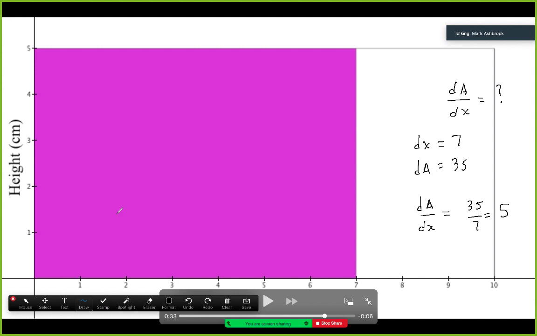So the constant rate of change is 5. And then we said, hey, look, that's the height of the function. We said the rate of change of area is just the height of the function, or where the area is being added, the magnitude of that left side, is 5, and that's our rate of change.